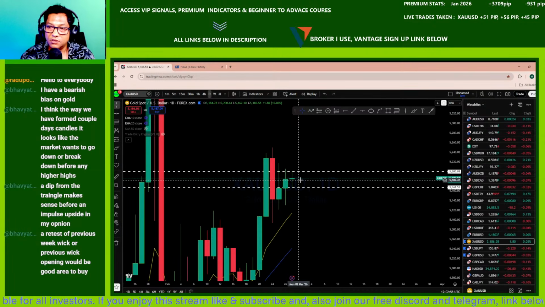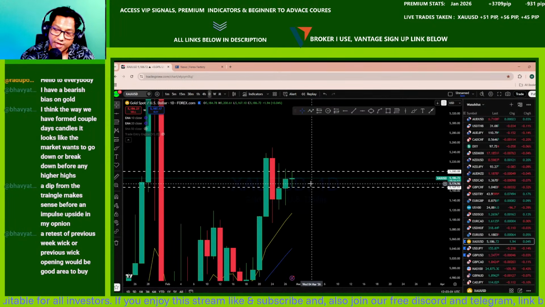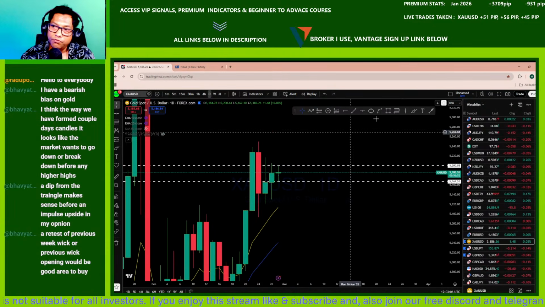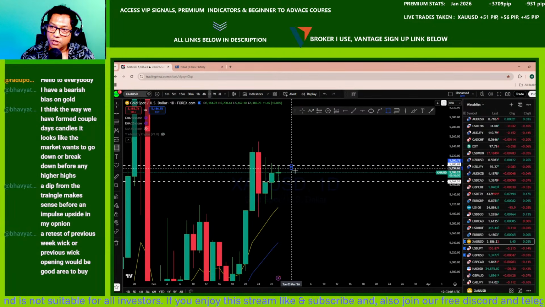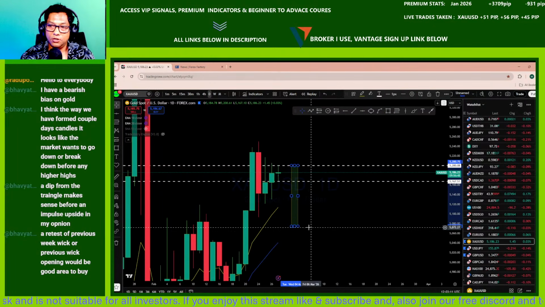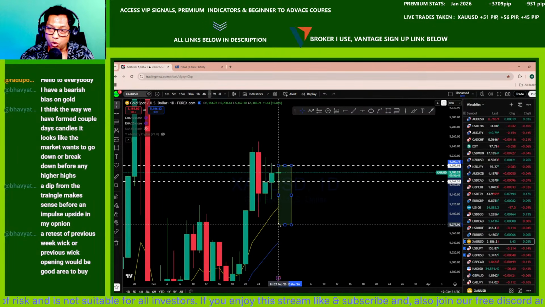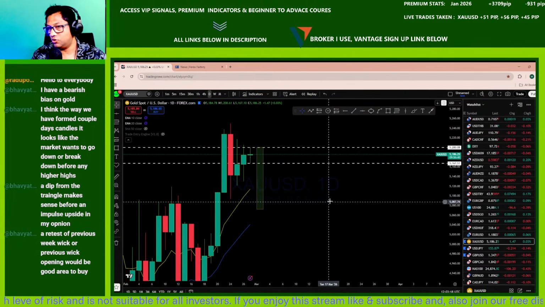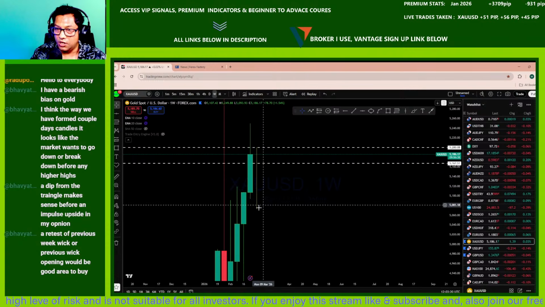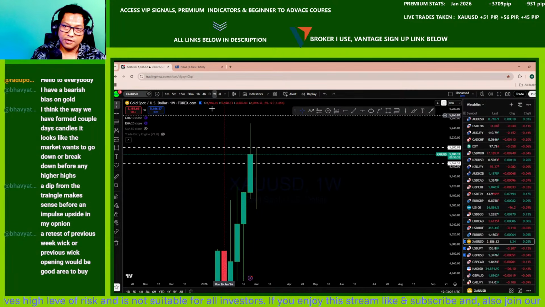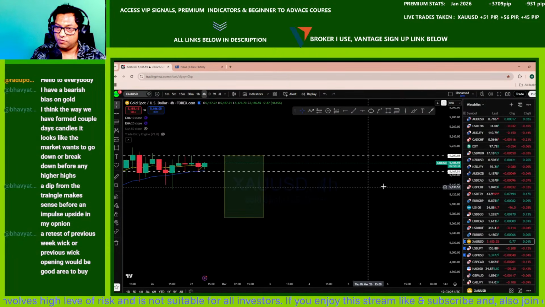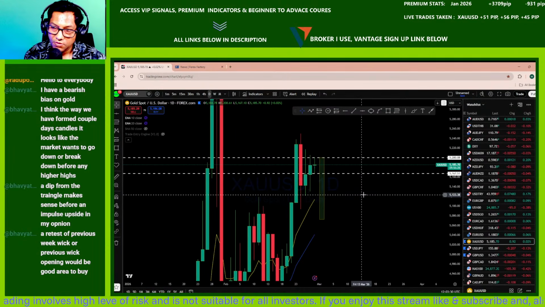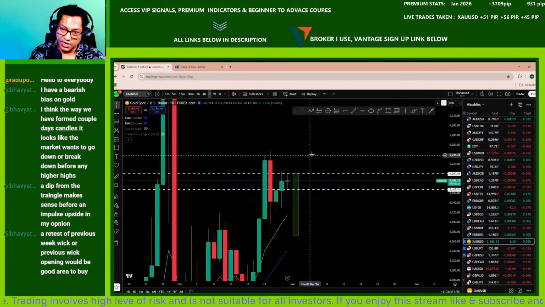If today's candlestick closes within this narrow, smaller range, then there is a higher chance for the next day, on the weekly opening, the new candlestick can cross this weekly low and then continue to rise back again here. So this is one potential scenario, if today's price is not able to break above.